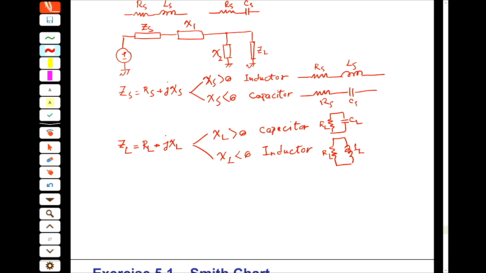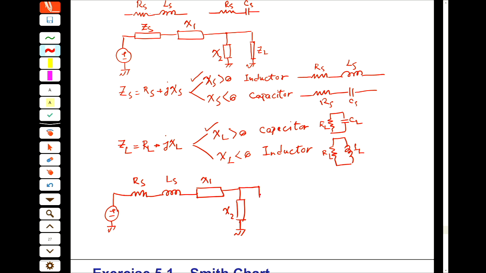If I assume that we have XS positive and XL positive, then I can redraw this circuit: instead of ZS I write RS and this LS, and then this X1, and this X2, positive, and then this CL and RL.